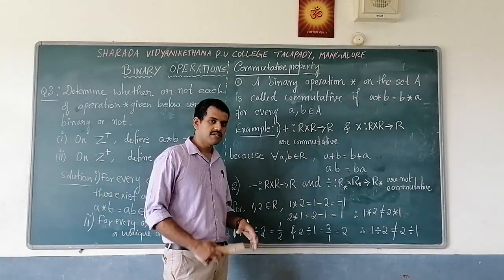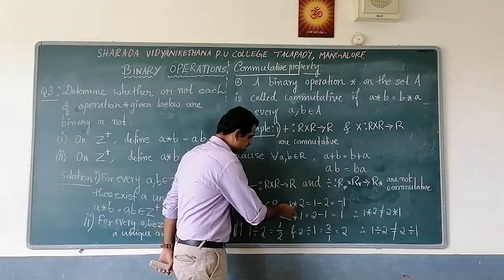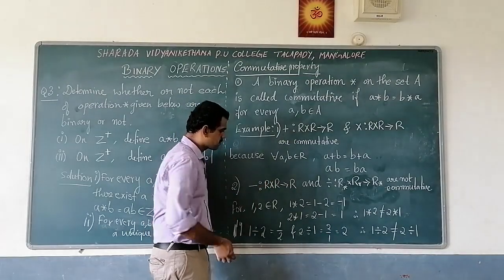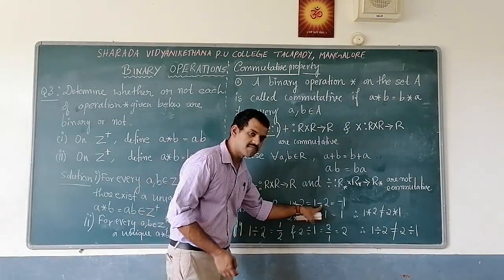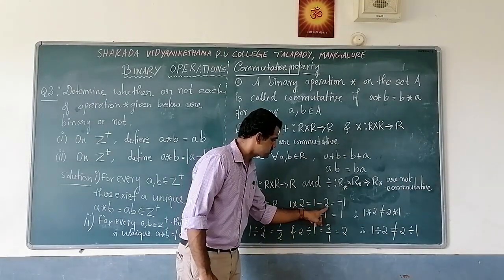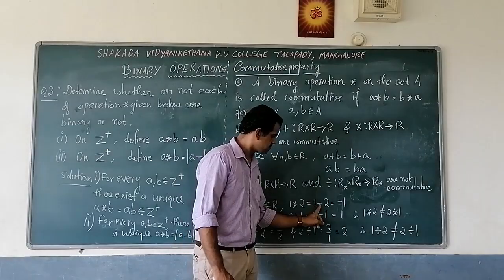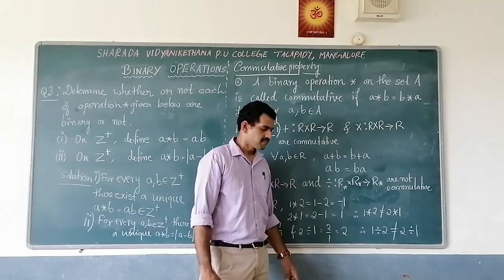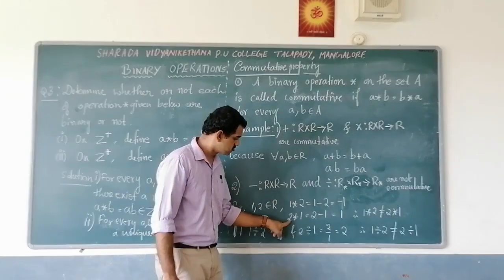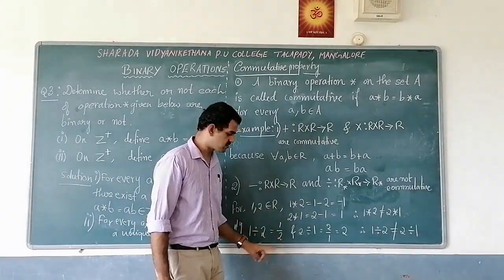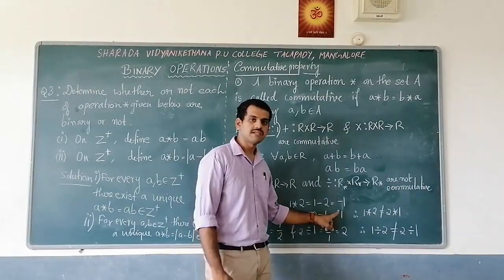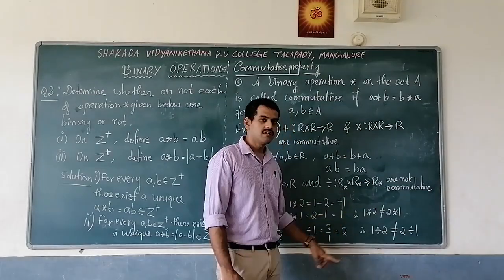If I take 1 star 2, with the operation subtraction, star is given by the minus sign. So 1 star 2 becomes 1 minus 2, whose value is minus 1. And if I take it the other way, b star a, that is 2 star 1, interchanging these two elements, that is 2 minus 1, which is equal to plus 1.